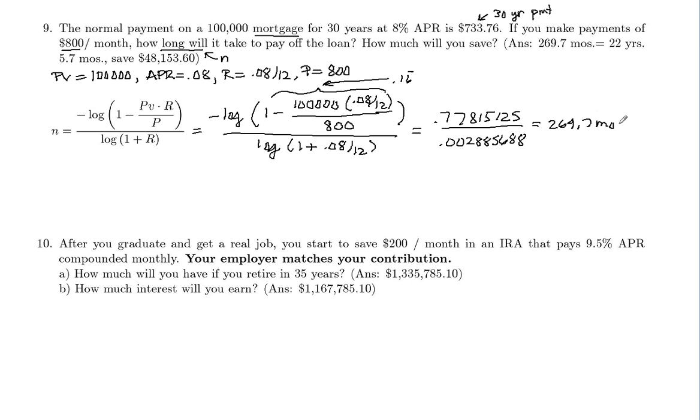So 269.7 months. Now, here I asked for months. If I asked for years and months, just do long division by 12. So 12 into 269.7.